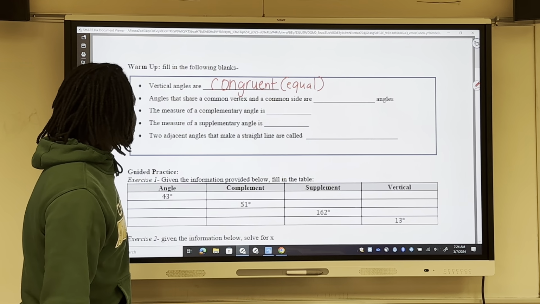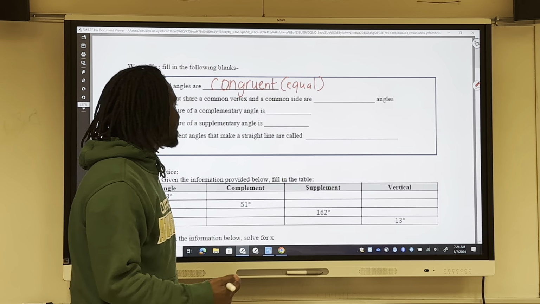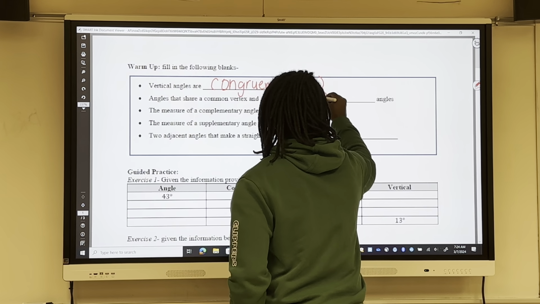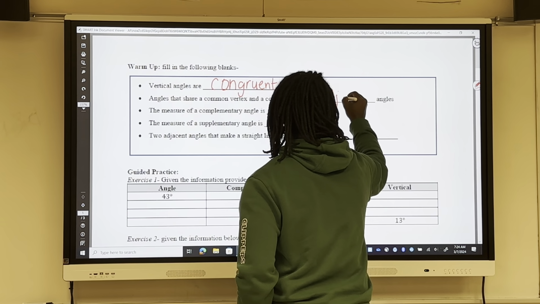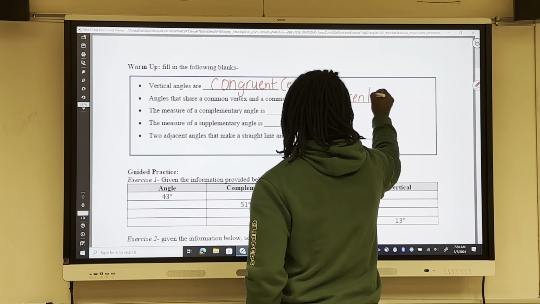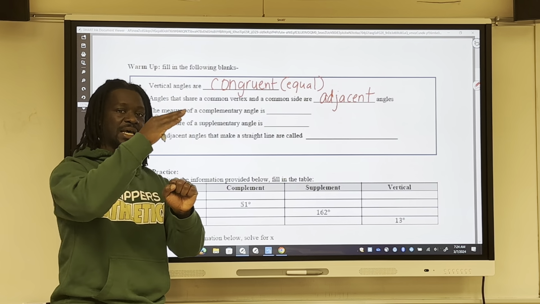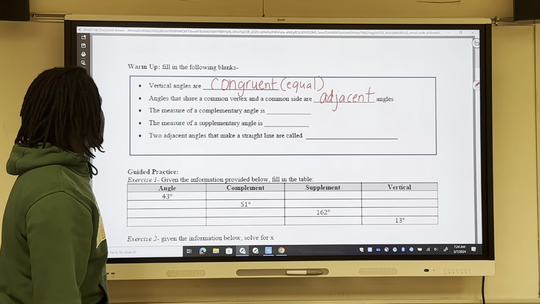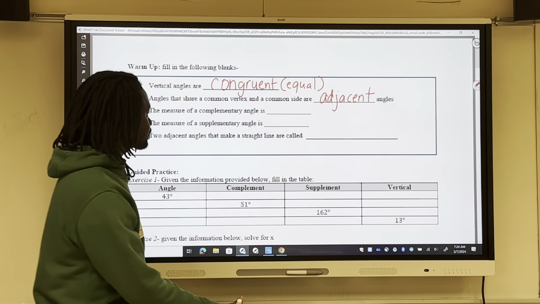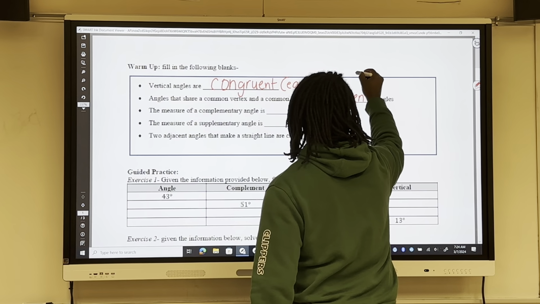Angles that share a common vertex and a common side are called adjacent angles. Let me draw some little pictures here.